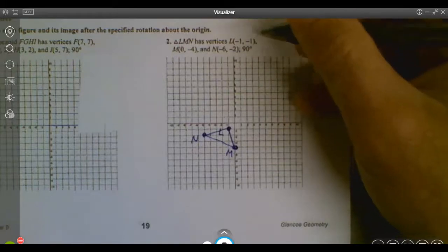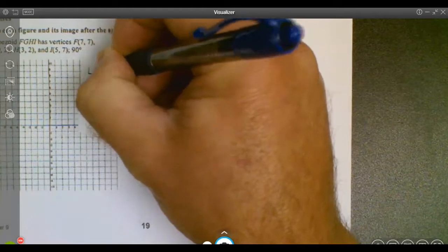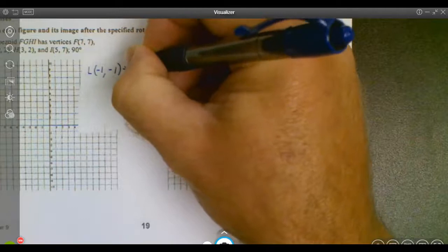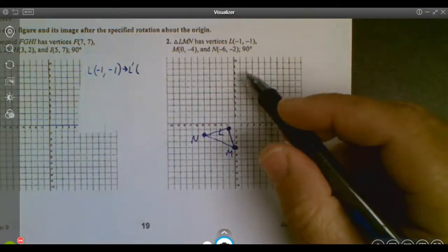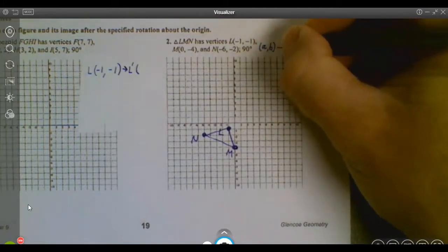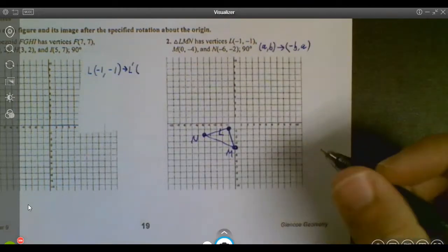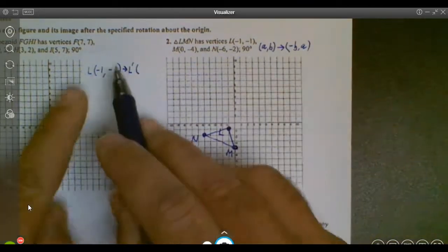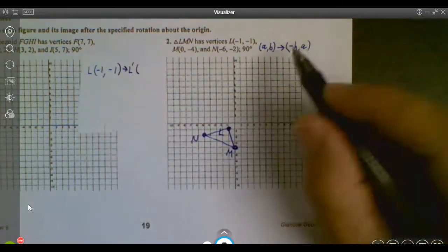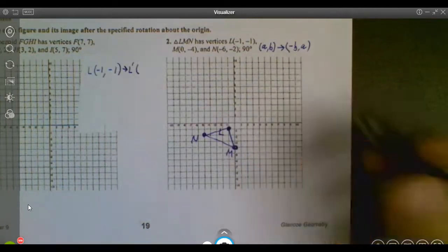If I look at point L, which was -1, -1, let's apply the rule to get L prime. The 90 rule said (A, B) becomes (-B, A). In other words, they're going to trade places, and not only are they going to switch, but what becomes the x slot should now change signs.